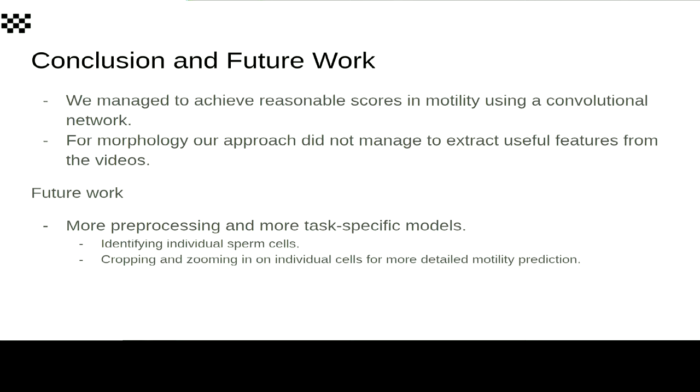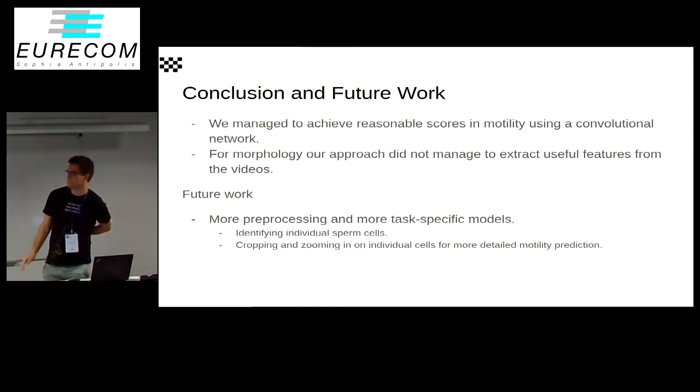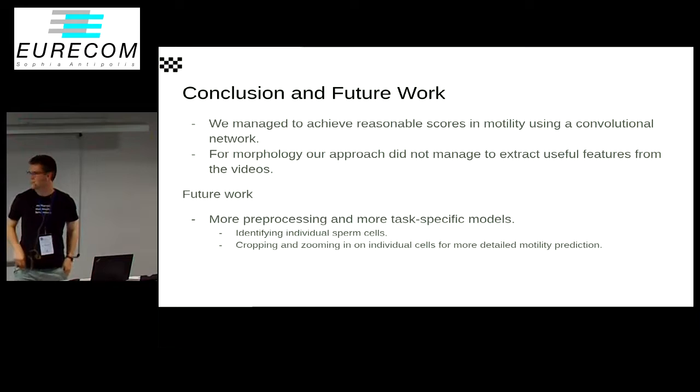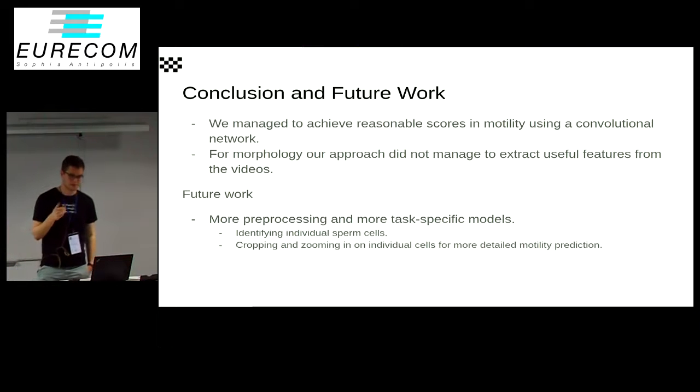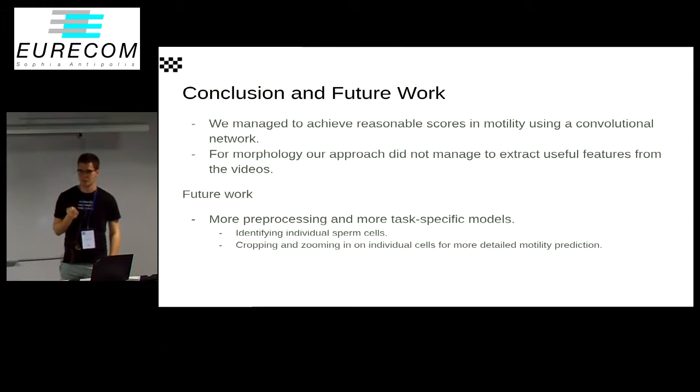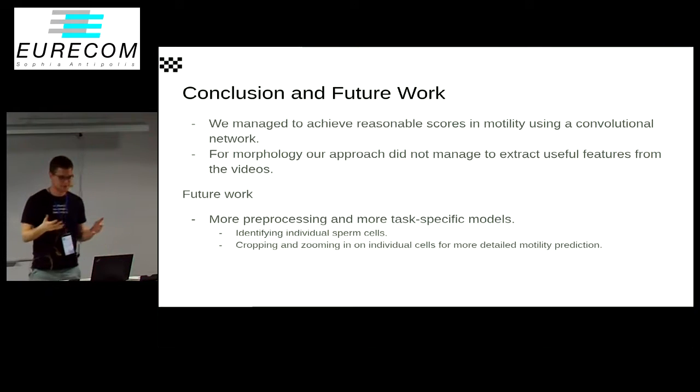So we managed to achieve some reasonable scores using convolutional networks to predict motility. However, predicting morphology seems like a much harder problem. Solvable, but throwing a neural network directly at it doesn't seem to produce any decent results.